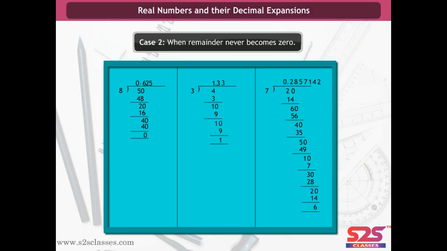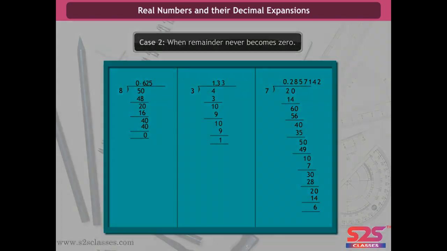In the decimal expansion of 4 by 3 and 2 by 7, we can see that the remainder never becomes 0. Thus their corresponding decimal expansions are non-terminating. The decimal expansion of rational numbers is either terminating or non-terminating and repetitive.